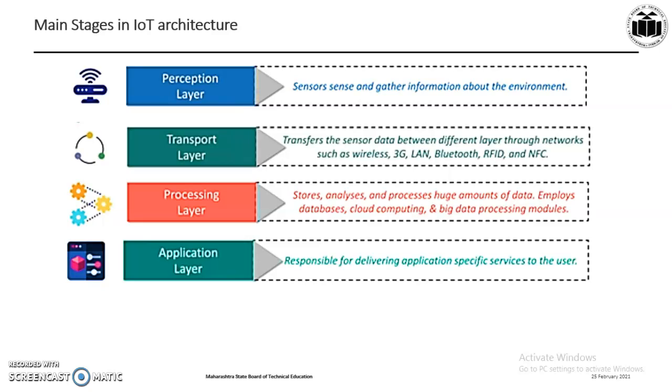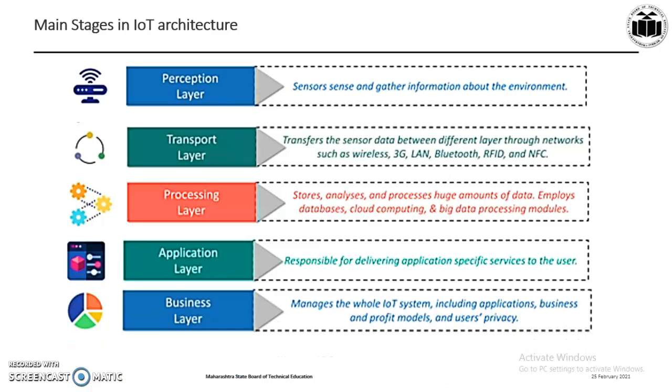Once the information is processed at the processing layer, the valuable information is extracted. Now that information is further provided to the user through the application layer. And the last layer in the architecture is the business layer. It manages the whole IoT system that includes applications, business and profit models and users' privacy.